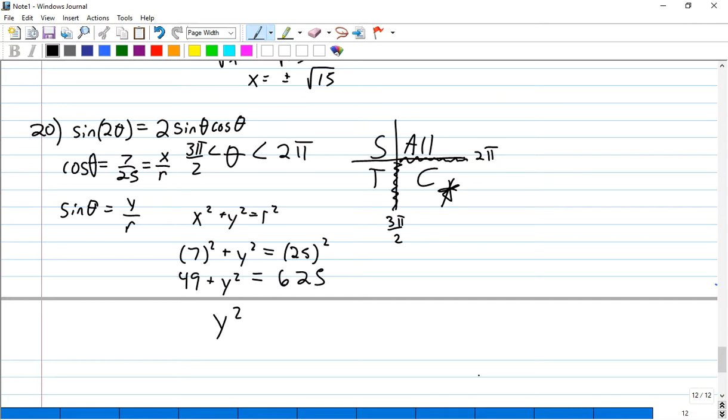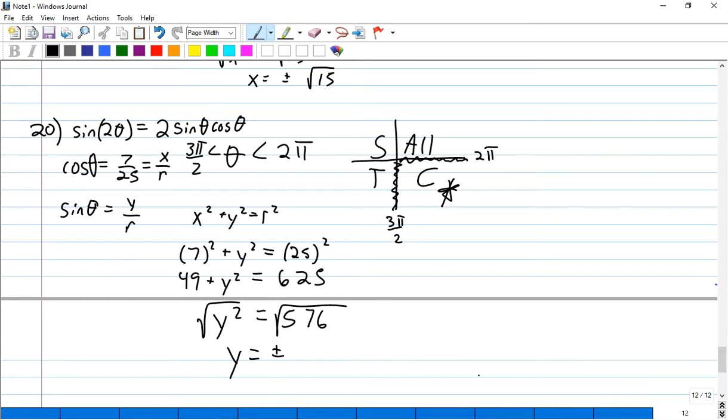Yeah. So y squared equals, I'm going to have to use a calculator, maybe not. 576, is that right? I'm just guessing. I think I've done that before. So take the square root of both sides. y equals what?